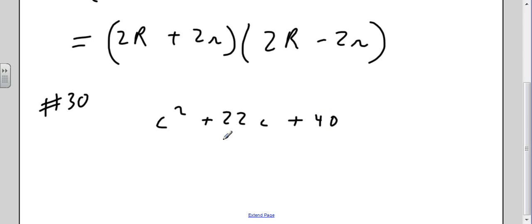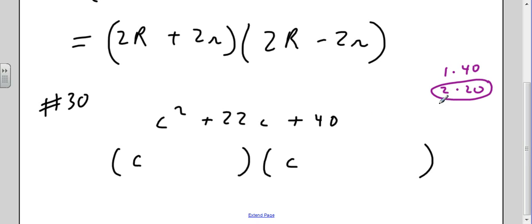Probably not. Well, anyway, if I'm going to factor it, in order to get a c squared, I have to have a c there and a c there. In order to get a 40, I'm going to have to go 1 times 40, or 2 times 20, which is what I'm going to pick, plus 2 plus 20. Because when I add 20 c's and 2 c's, I get 22 c's, and I'm done.